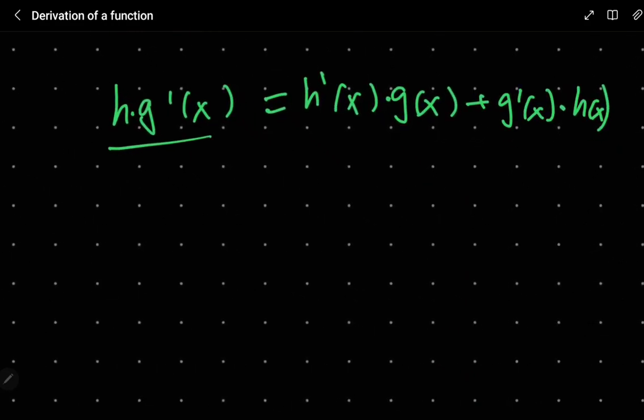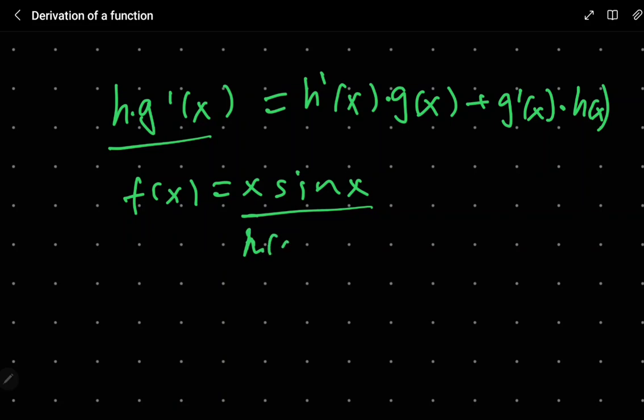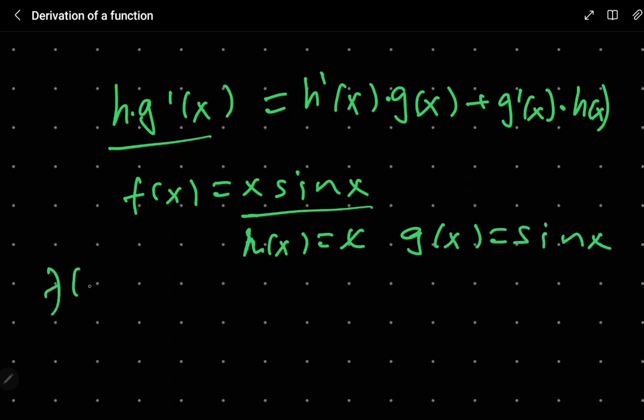Let's find, you are given f of x is equal to x times sine x. Okay, so you split this expression into two functions. So maybe this x is h of x. Let's say h of x is x, and g of x is sine x. So f of x is now h of x times g of x.